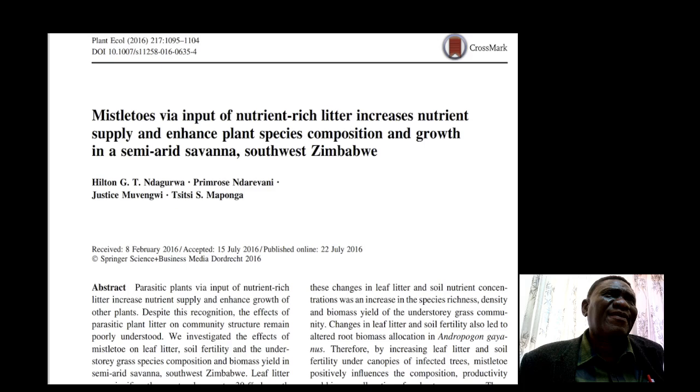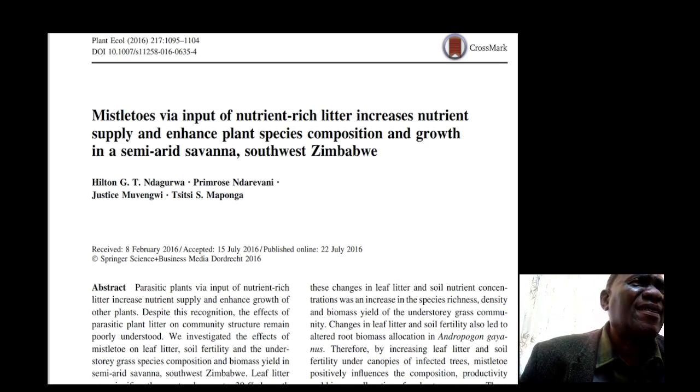But of course, we've seen it on trees, and it plays a role in the ecology of plants. If you want to read about it, you can read this paper by Hilton G.T. Ndagurwa with other authors.